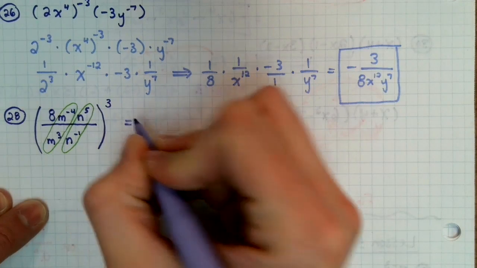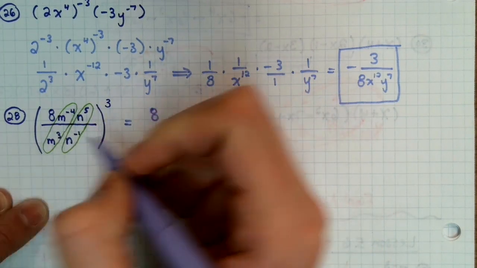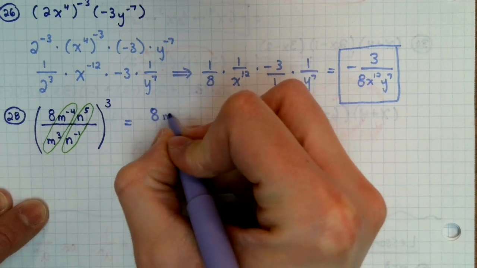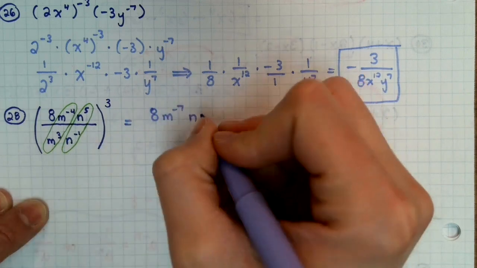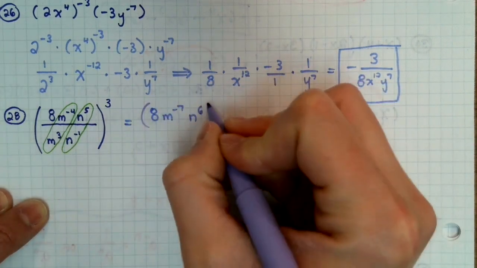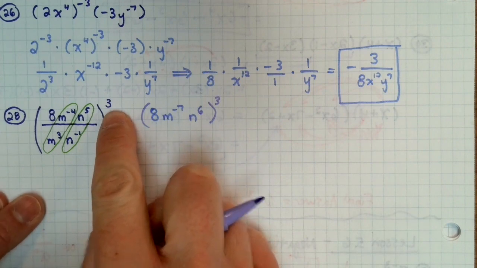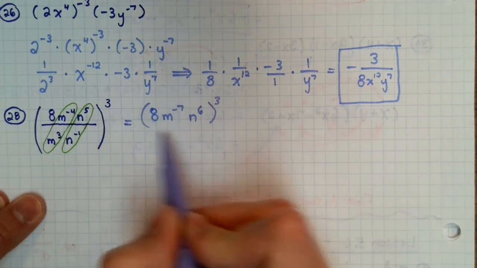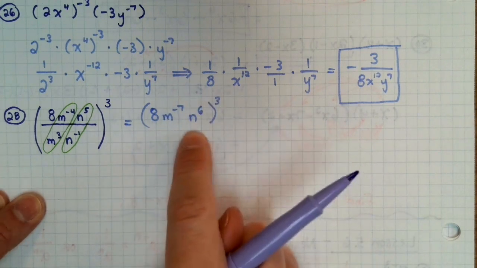This is going to be 8, and then negative 4 minus 3 is negative 7, so this will be m to the negative 7. And then this is going to be 5 minus negative 1, so that's going to turn into 6. This is still inside the parentheses because we have not removed the exponent on the outside. Now that we have a little bit less going on the inside, we can use that product to power rule.